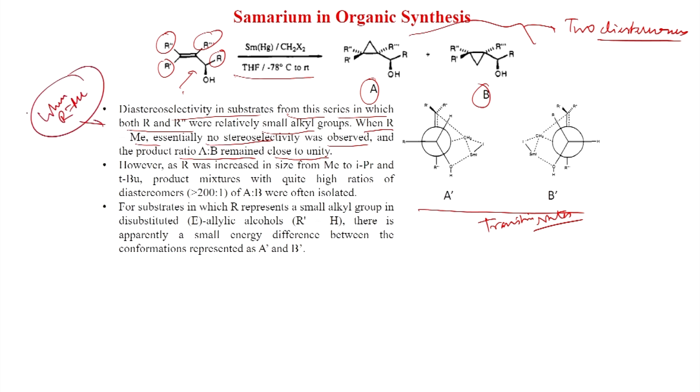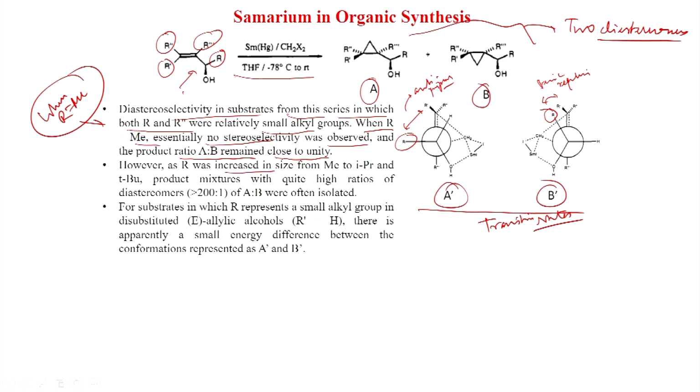That can be explained because R is here, and here R is here. Here there is steric repulsion in the other transition state, but here it is antiperiplanar. So, the size of R is important for the energy difference between these two transition states, A dash and B dash.